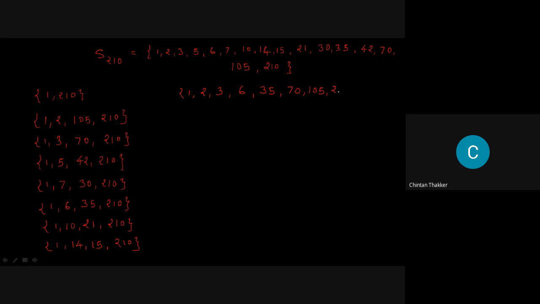Then 210. Similarly, 1, 2, 5. LCM is 10. Then divide, so 21. We divide by 5, we get 42. Divide by 2, 105. Then 210.